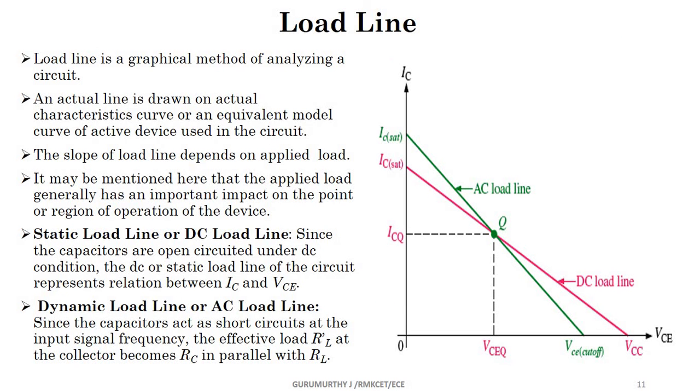Coming to the load line, it is a graphical way of analyzing a circuit, and an actual line is drawn on the characteristic curve of the device. In the first slide we have seen the fixed bias circuit. This is the circuit we have assumed.